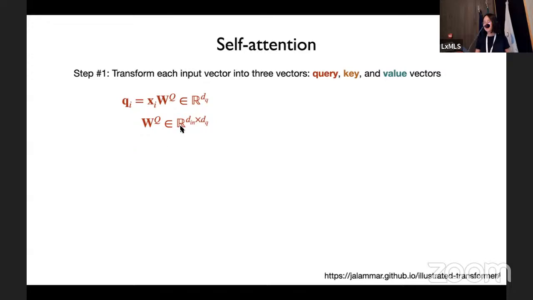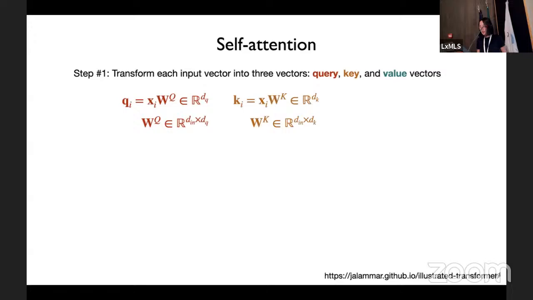Let's say the input dimension is din and the query dimension is dq, so this Wq matrix should be din by dq. Then you multiply the input vector by Wq, and you get the dq-dimensional query vector.